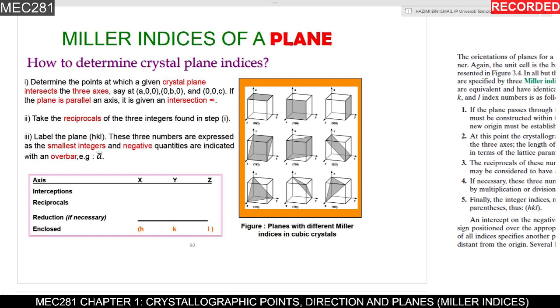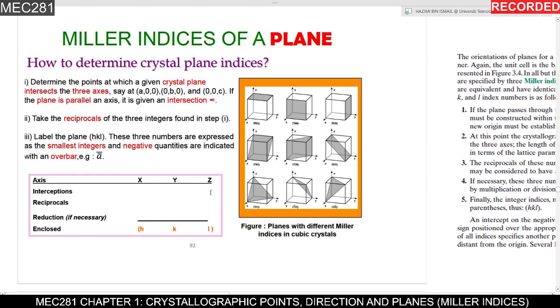So as I promised, after the 5 minutes break, now we are going to learn about the Miller indices of a plane. How to determine crystal plane indices: determine the point at which a given crystal plane intersects the three axes. This is the key point here.